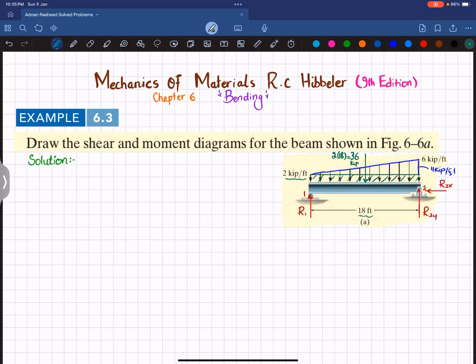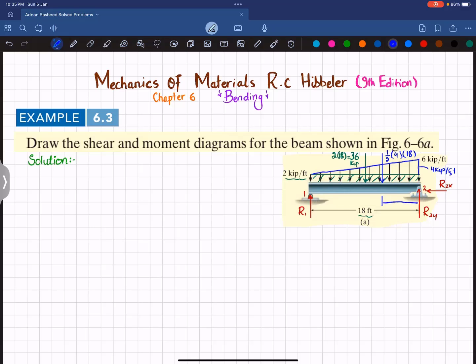And this blue color triangular load, when converted into a point load, will be equal to 1 over 2 multiplied by this 4 and the length over which it acts, which is 18, and that will act at a distance of L by 3 from this side.